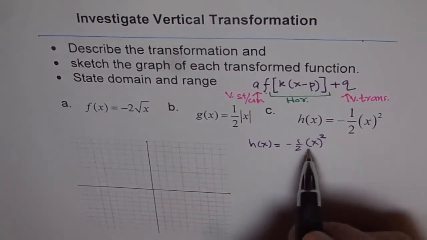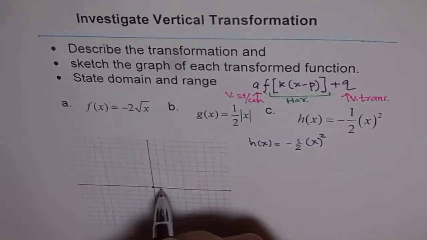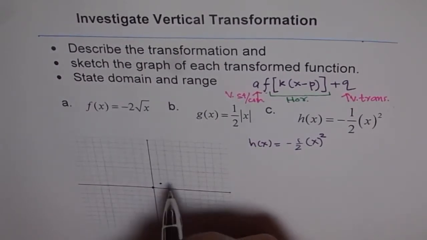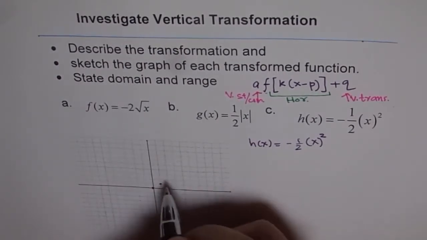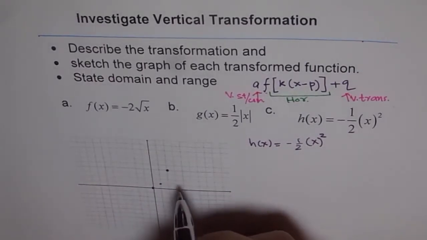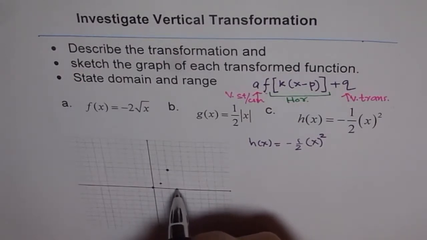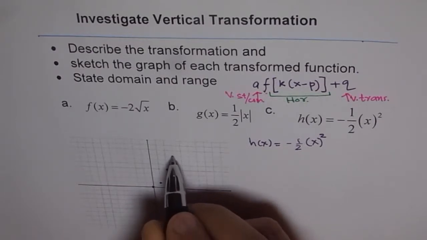Now parabola, x squared starts with the vertex at the origin, and then the critical points are 1, 1, right? And at 2 it is 4. So 1, 2, 3, 4, right? And at 3, it is 9. 3 squared is 9. So you get 1, 2, 3, 4, 5, 6, 7, 8, 9.